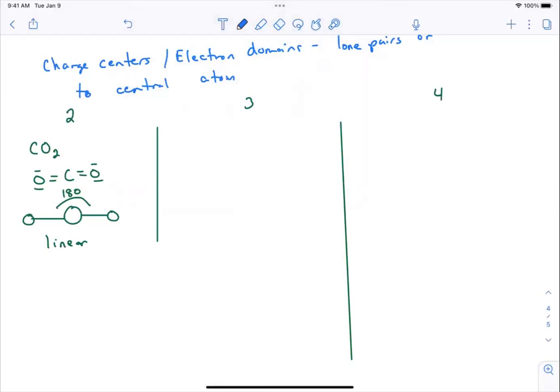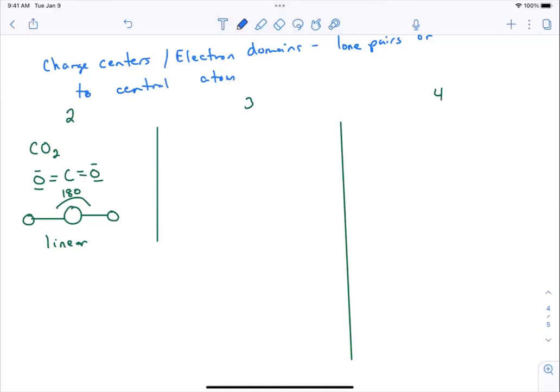No, two double bonds on carbon. If you look at carbon, there's 2 atoms bonded to it, and there's no lone pairs on the carbon. So the number of charge centers you have is 2. Every atom that's bonded to it counts as 1 charge center, and then lone pairs on top of that count as charge centers.